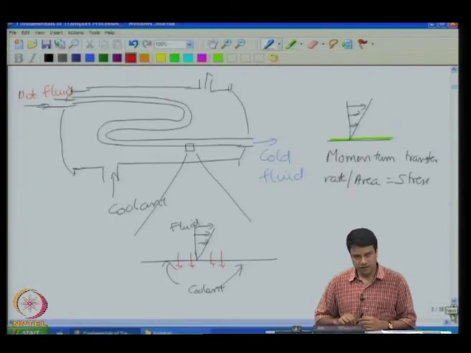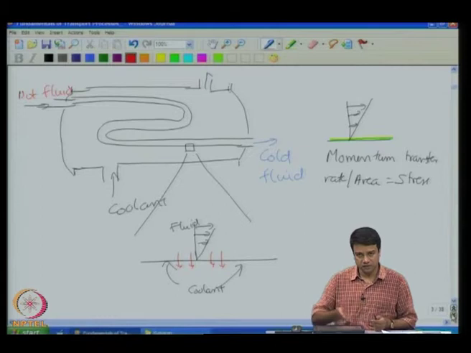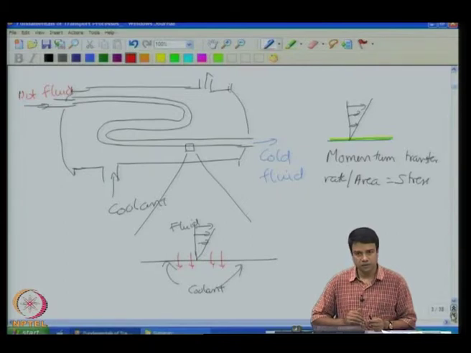In the case of the heat exchanger, there is convection of hot fluid into the heat exchanger. So, there is heat coming in with that hot fluid by convection, but that heat has to go across the surface to the coolant. Across the surface there is no fluid flowing, fluid flows only along the surface. Therefore, transport across the surface ultimately has to take place due to diffusion.